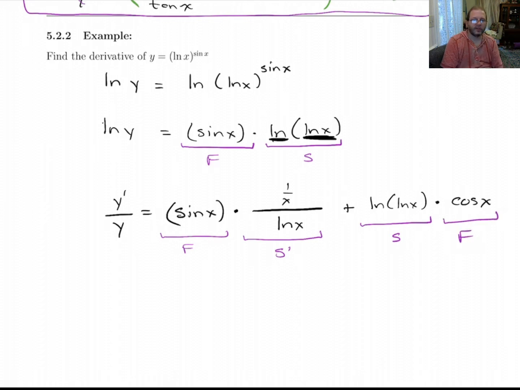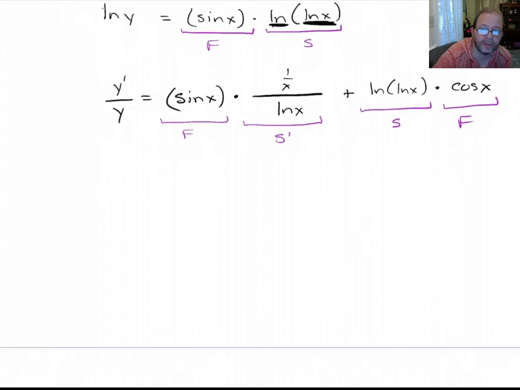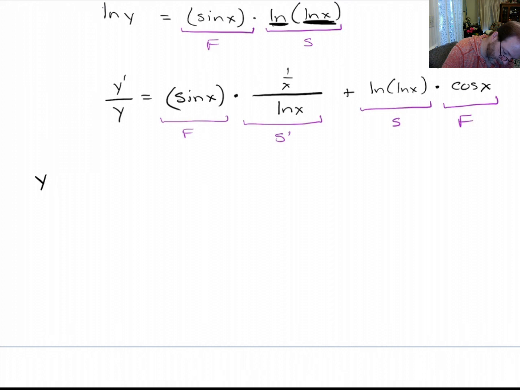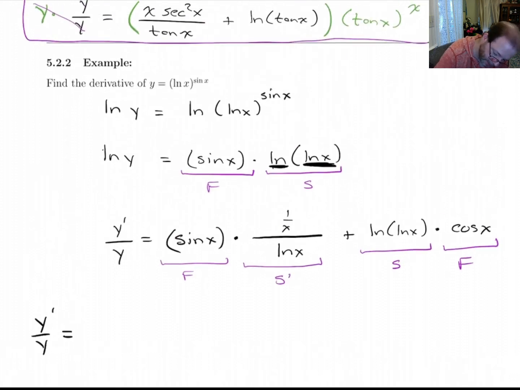All right, so we get y prime over y is, I'm going to combine all this into a single fraction for this part here. Notice this piece right here, this can be rewritten as 1 over x ln x.